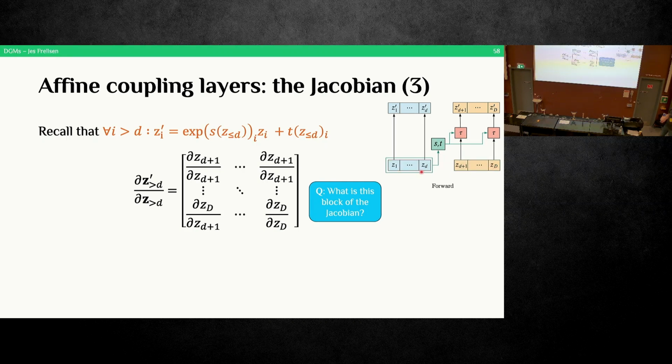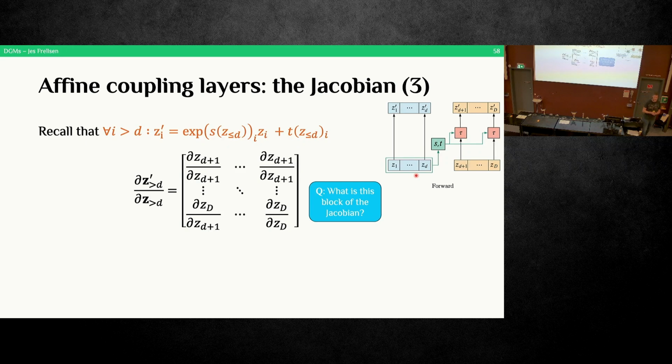All the off-diagonal elements in this block matrix say how, for instance, this one depends on all the others in this partition that are not itself. You see that any variable up here only depends on its own input value and then these values over here. So all the off-diagonal elements are 0.